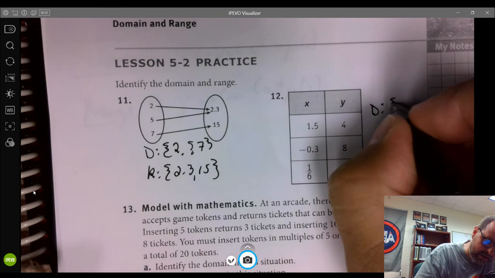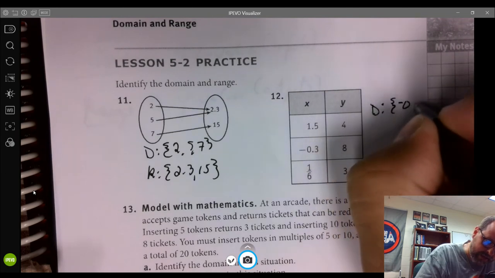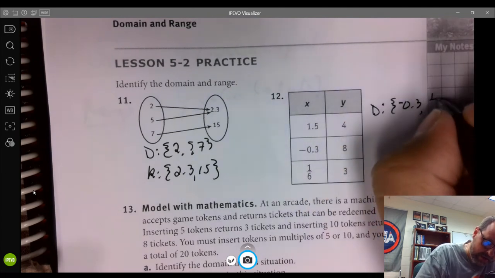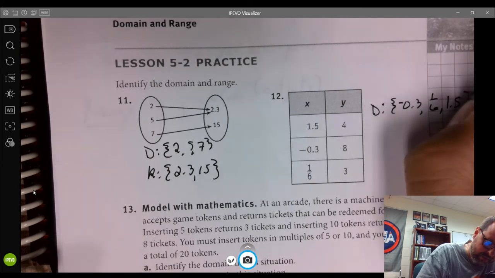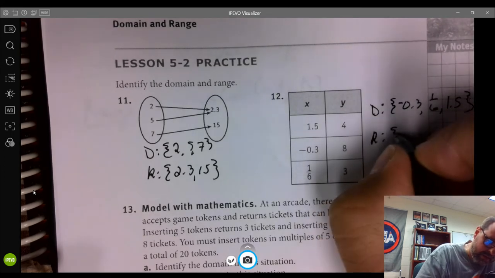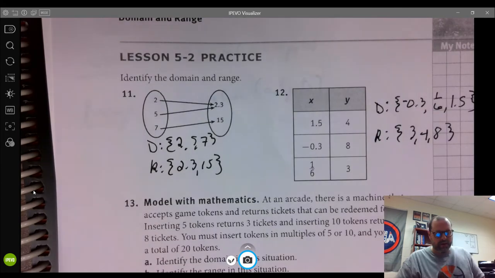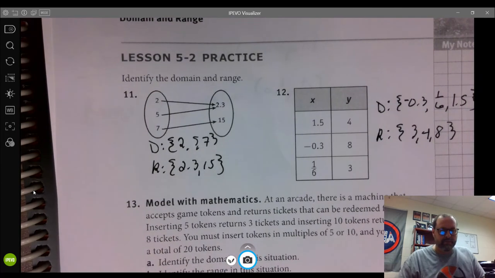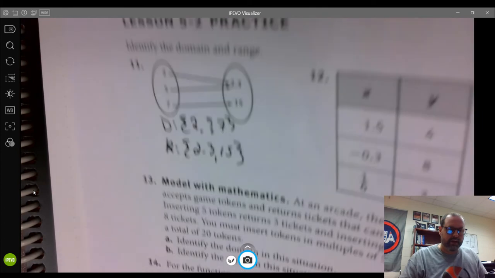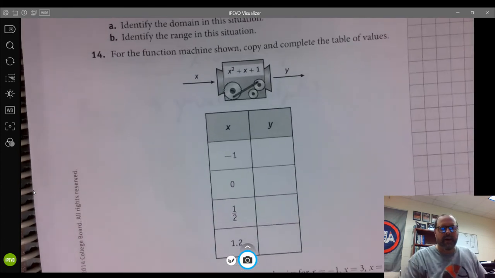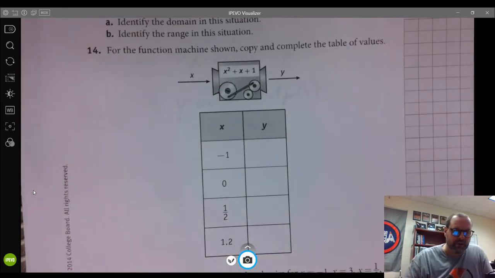Here, my domain, going least to greatest, I have negative 0.3, 1/6, and 1.5. The range, I have 3, 4, and 8. So that's all we're looking at. Sometimes it may ask you to plug in, like number 14. You can plug into that function, so you could go ahead and try that one.